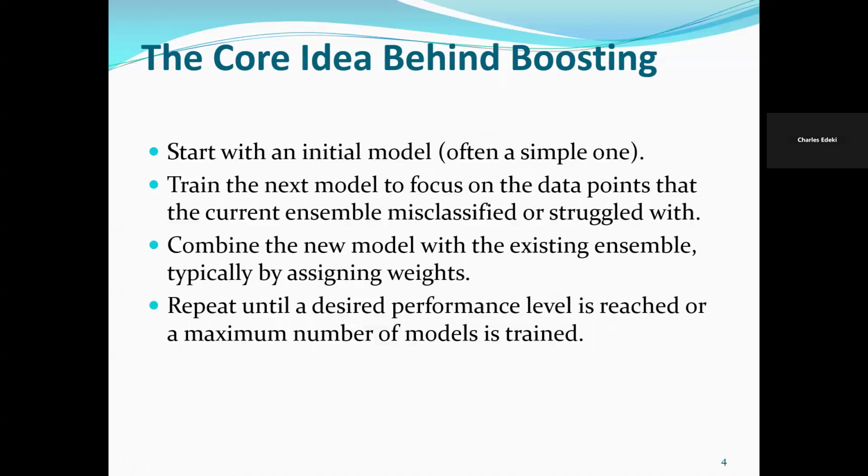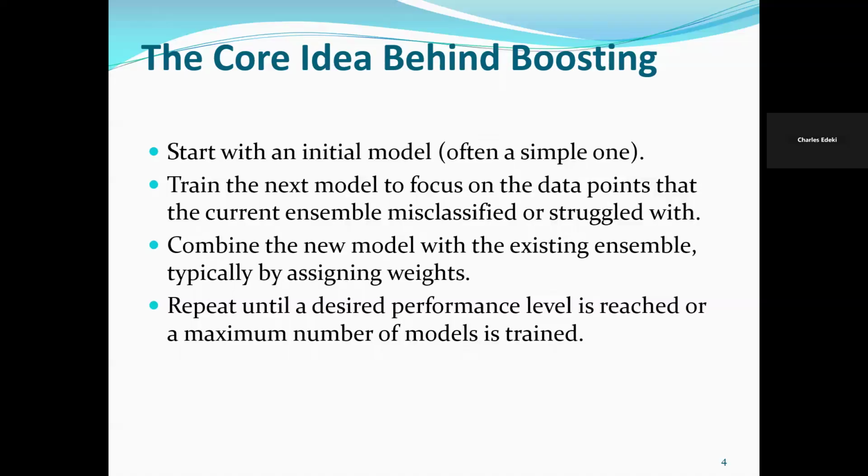A weak learner, again, as we said earlier, is a model that performs only slightly better than random chance. I think that's the term we use a lot in machine learning. Such as, let's say, a simple decision stump, a decision tree with only one split.